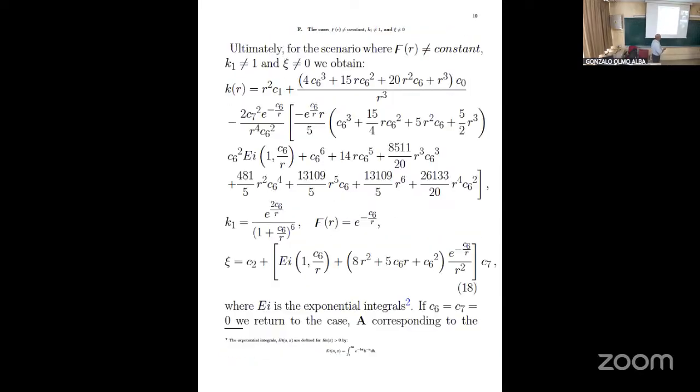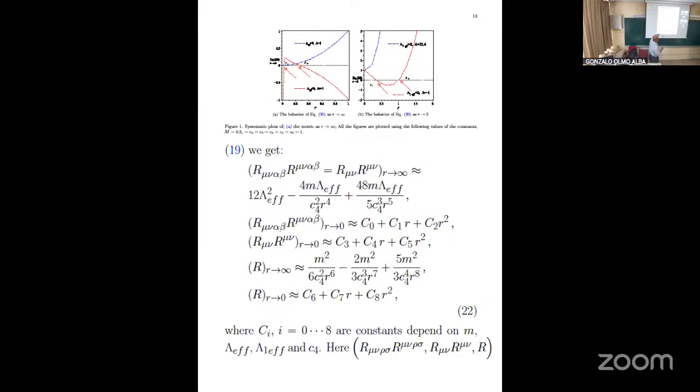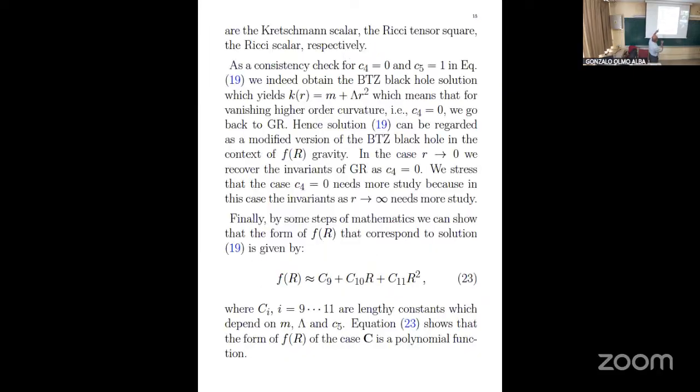By making the necessary calculation, we can find that the form of f of R corresponding to this solution is a polynomial one. As you can see, R squared and so on. And all these capital C constants are dependent on C4 and C5.